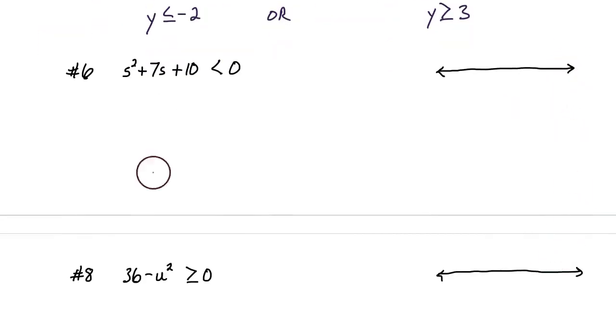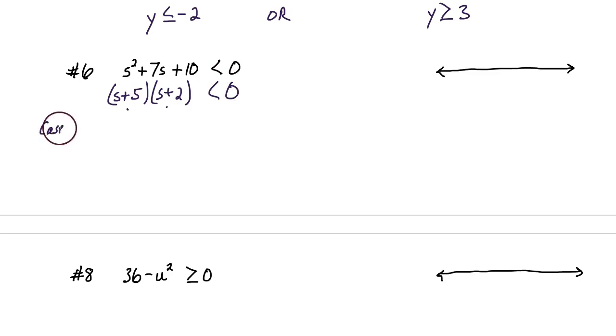Number 6, we already have the 0 on the right side, but we don't have factored form. So let's go s plus 5 times s plus 2. I went with 5 and 2 because they multiply to 10 and add to 7. Okay, we have two things multiplied together. We want the answer to be less than 0, which means negative.